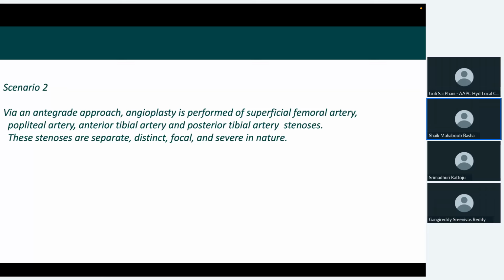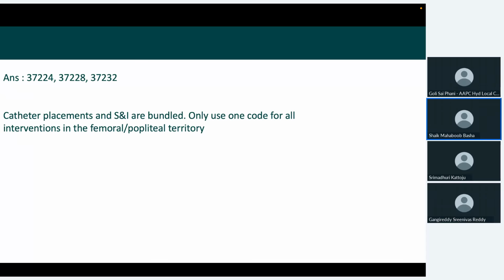What about the other arteries? 37228 is applicable for one tibial artery. Then what about the other artery? You can code the add-on code, right? Yes, you can code 37224, 37228, 37232.